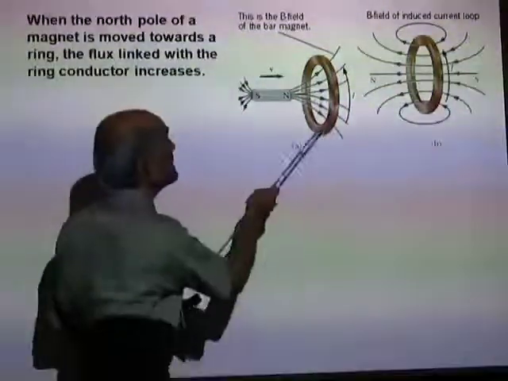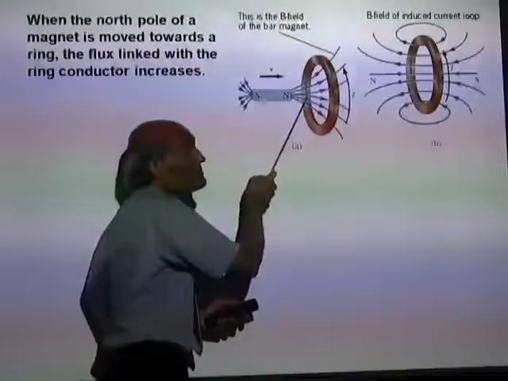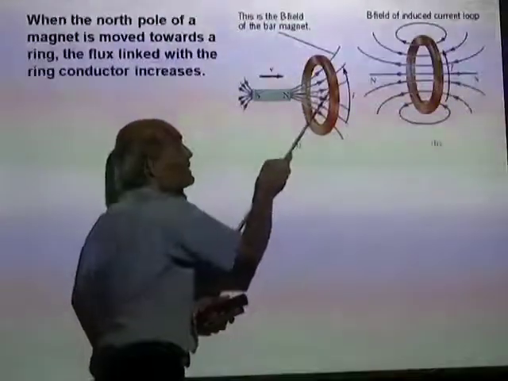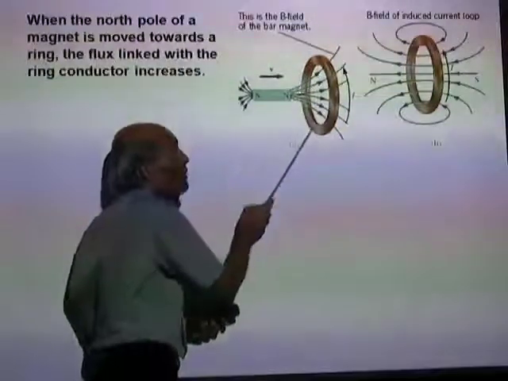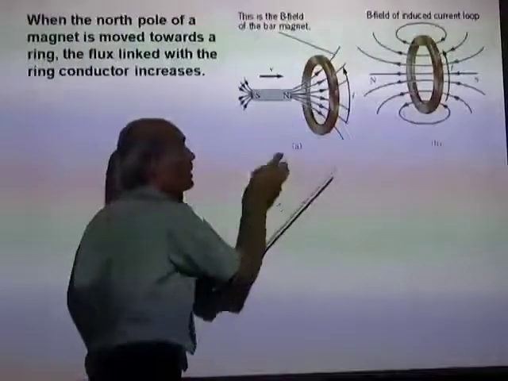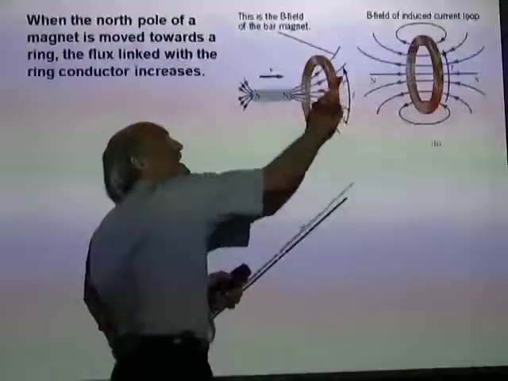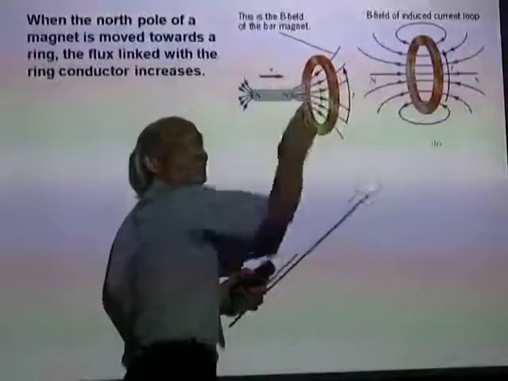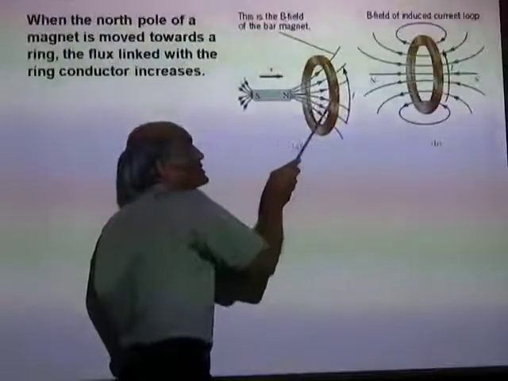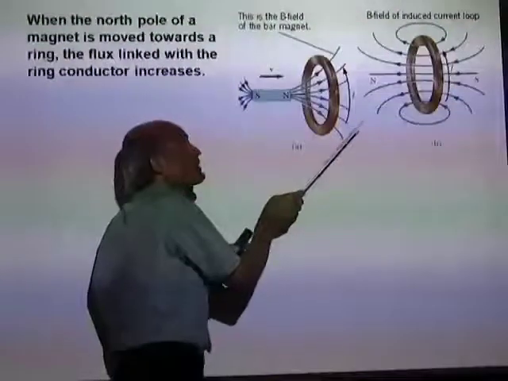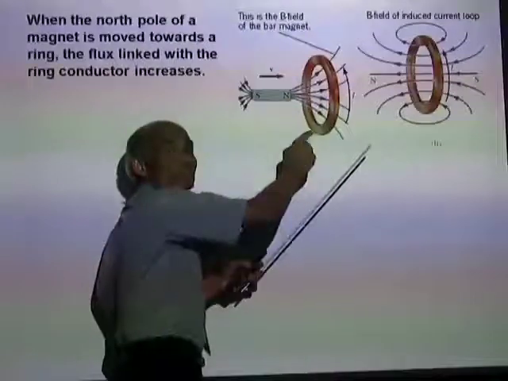So, if the induced EMF has to oppose the increasing magnetic flux there, the induced current should produce a north pole here. Or, if I look from this end, the current must flow in the counterclockwise direction. So when the north pole of a magnet is brought towards this conductor, the induced current will be in the counterclockwise direction. Right?